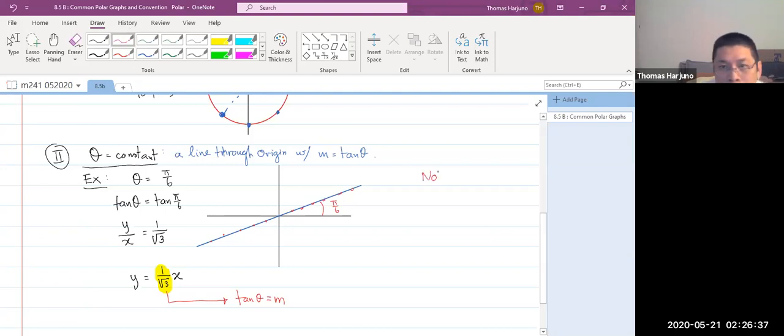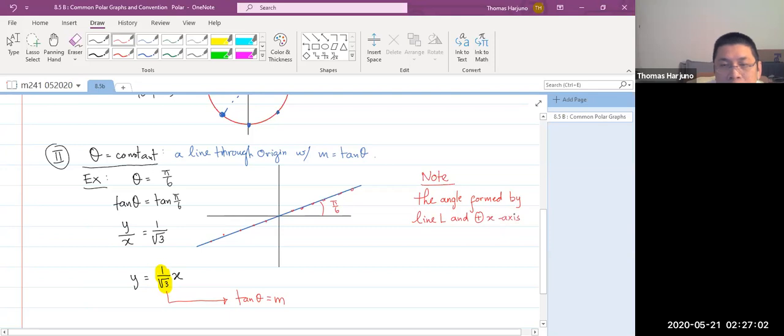Note, the angle formed by line L and the positive x-axis is theta, such that tangent theta equals the slope.